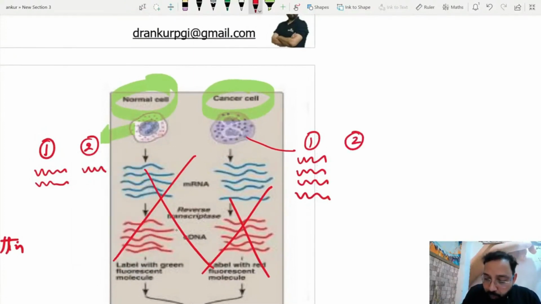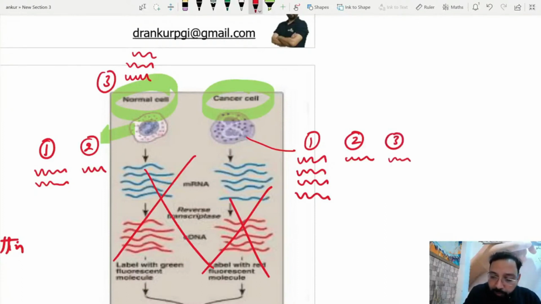Gene number 2 in the cancer cell also produces one messenger RNA. Gene number 3 produces three messenger RNA in the normal cell, and only two messenger RNA in the cancer cell. This is the cancer cell, this is the normal cell.